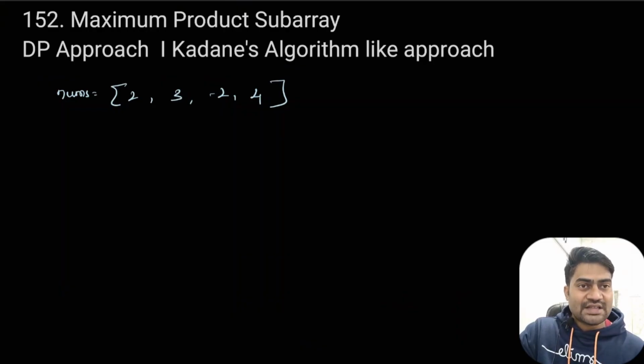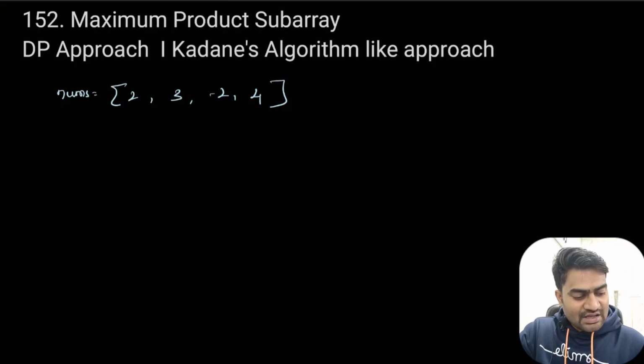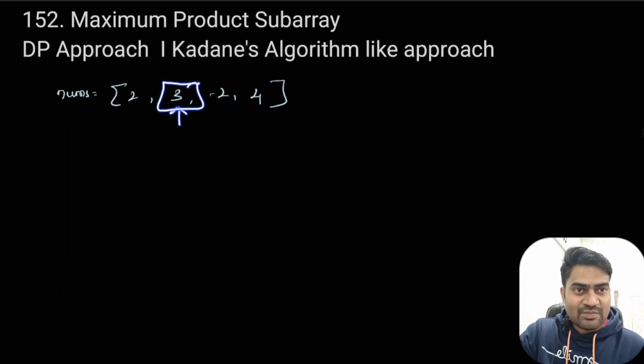In the maximum subarray sum solution, we memorized the maximum sum till now. Whenever we process any element in the array, we always keep the reference of the previous maximum sum. That way we keep remembering the maximum sum, right?